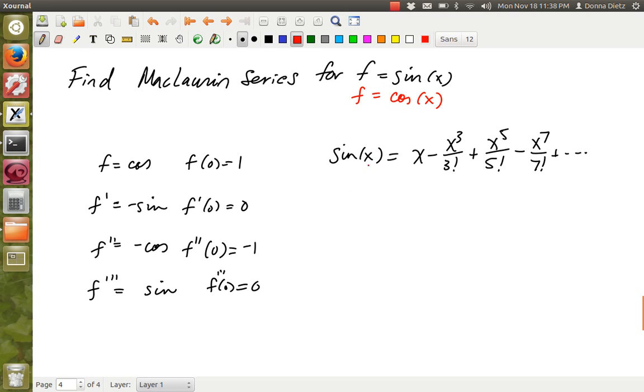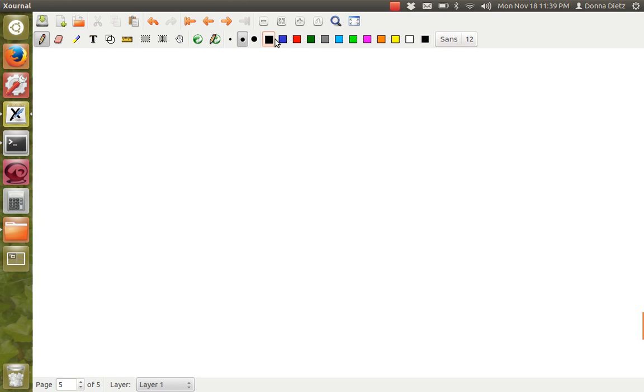But now we have cosine of x is 1 minus x squared over 2 factorial plus x to the 4th over 4 factorial, etc. So it's exactly the same process. There you go. Okay, so the whole battery of things to keep track of.